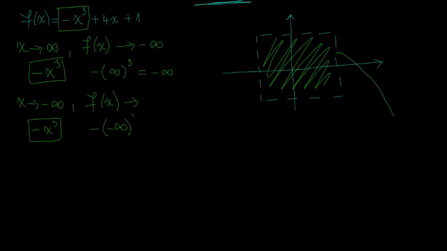So I have negative infinity cubed, which gives me negative infinity because the cube does not affect the minus, and minus with minus gives me plus. So f of x will go towards positive infinity. So after a while, once the graph settles down, as x goes to negative infinity, namely in this direction, the polynomial will shoot up to positive infinity.